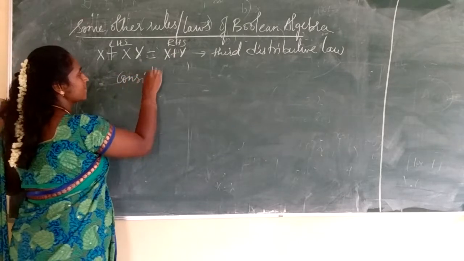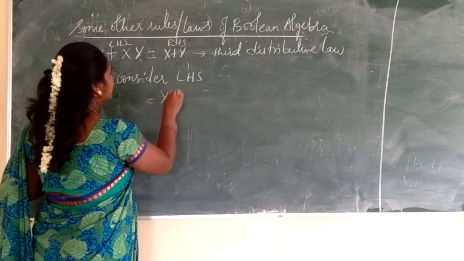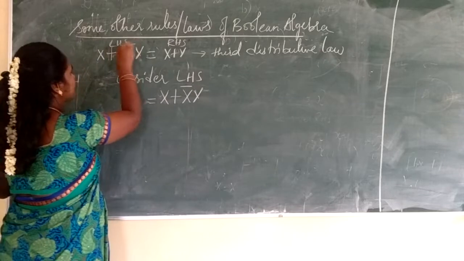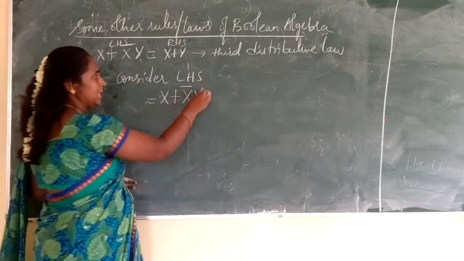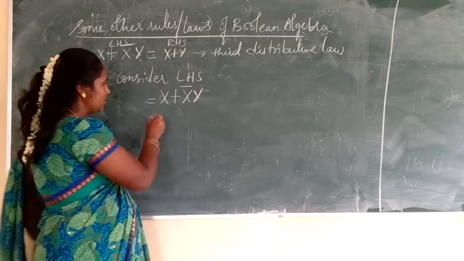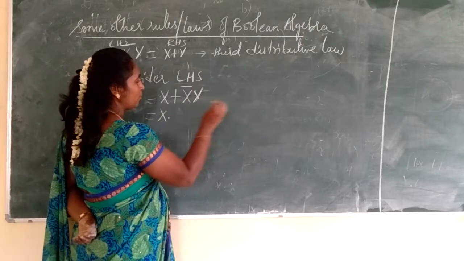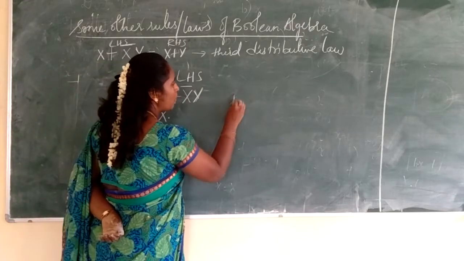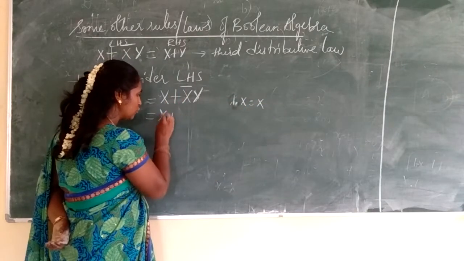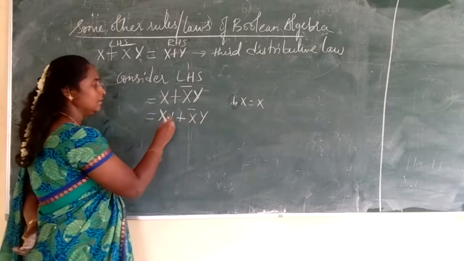Consider your LHS. What's my LHS? x plus x bar y. I have to prove that this is equal to x plus y. So consider x as it is. According to your properties, 1 into x is equal to x, so in place of that I am using x into 1, plus x bar y as it is.